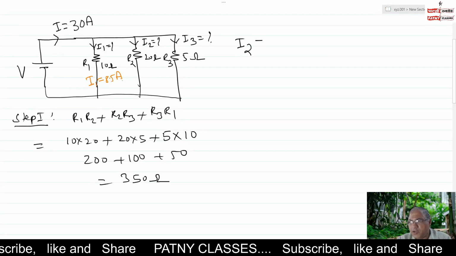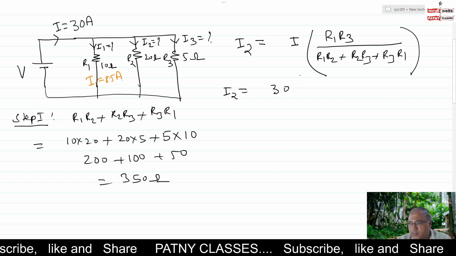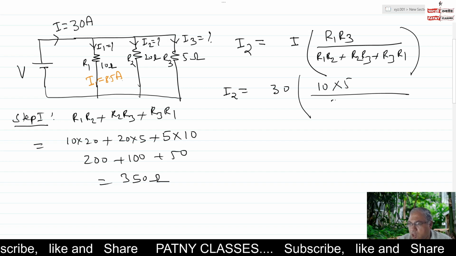Now to find out I2, nothing but I, what is absent? R2 is absent. So we get R1 R3 divided by R1 R2 plus R2 R3 plus R3 R1. Therefore I2 is equal to I, that is 30, and R1 is nothing but 10, and R3 is nothing but 5, and the total R1 R2 plus R2 R3 plus R3 R1 we already calculated, that is equal to 350.